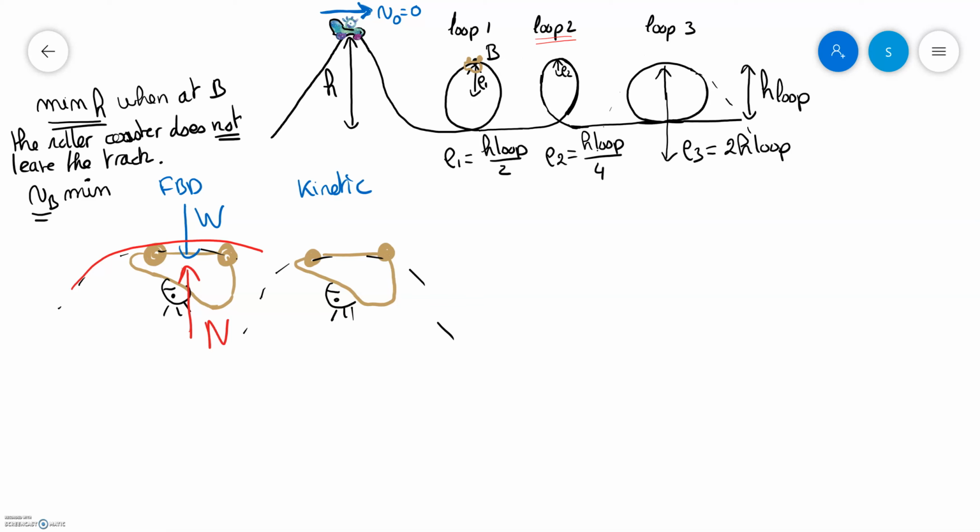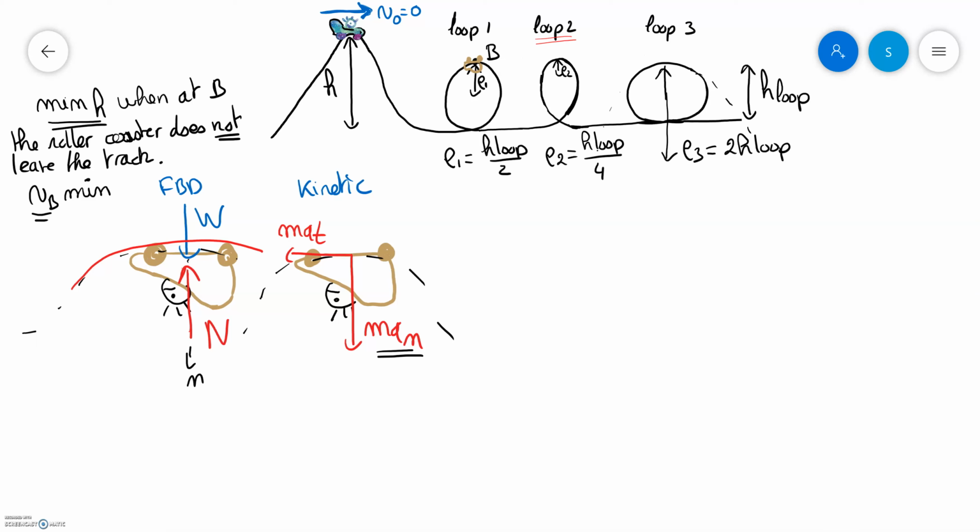On the kinetic diagram, what we have is m a_t, the tangential acceleration, and m a_n, the normal acceleration. So that's my axis N. Let's just look at m a_n.